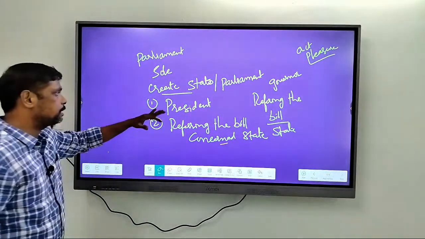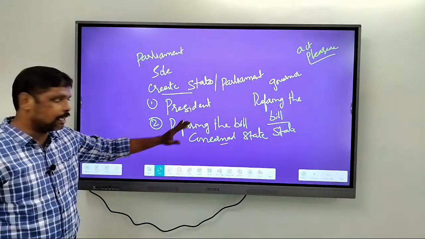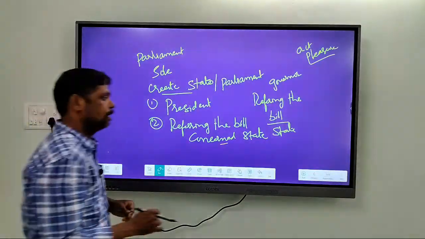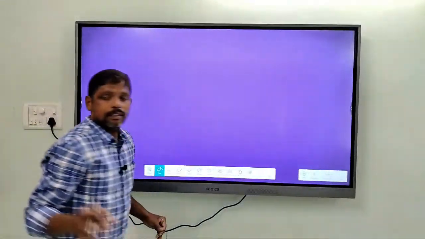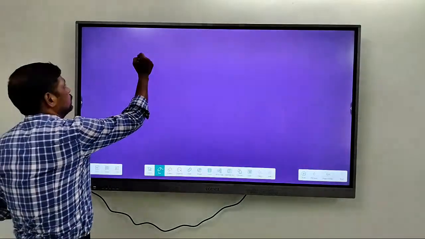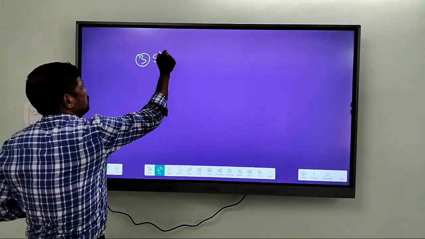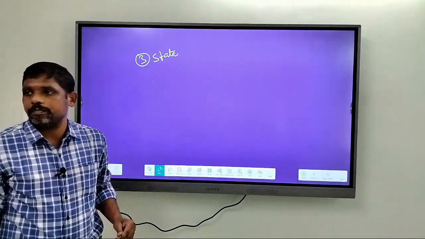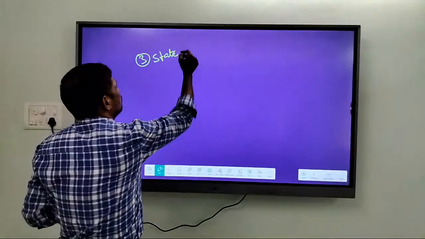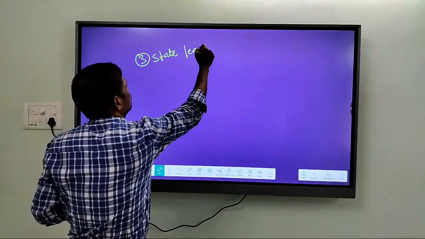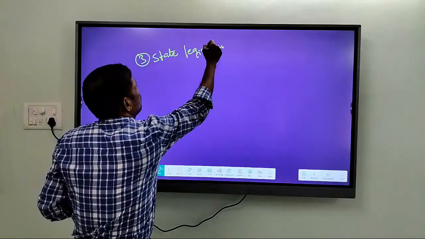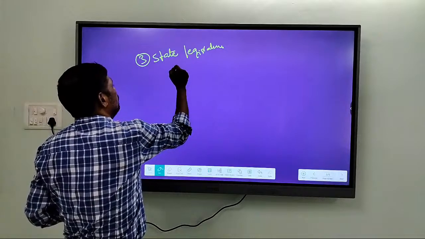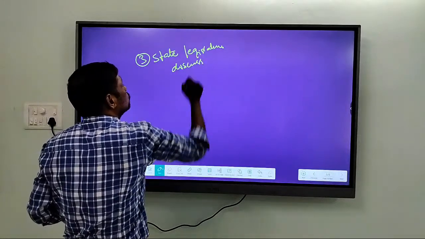So the first step is the President referring the bill, and based upon the directions of the President, the governor should refer the bill to the concerned state legislature. The concerned state legislature should discuss this bill and give its opinion.